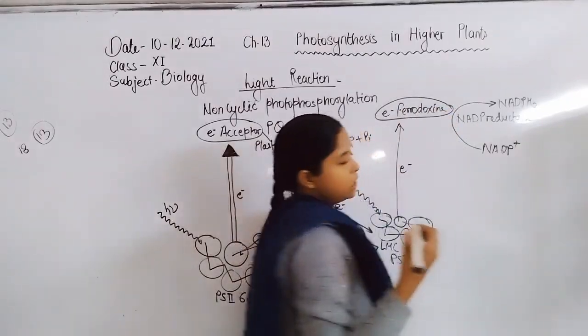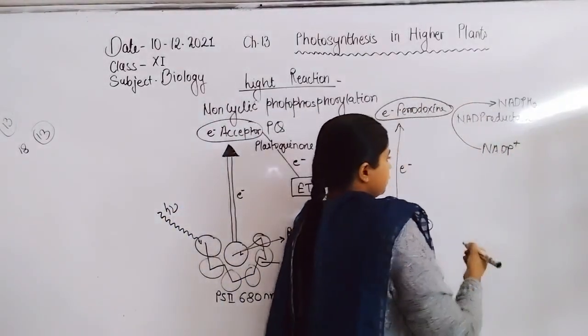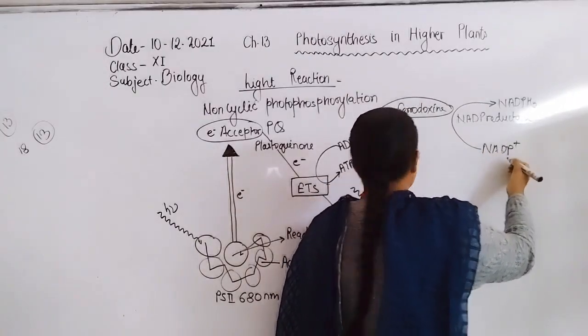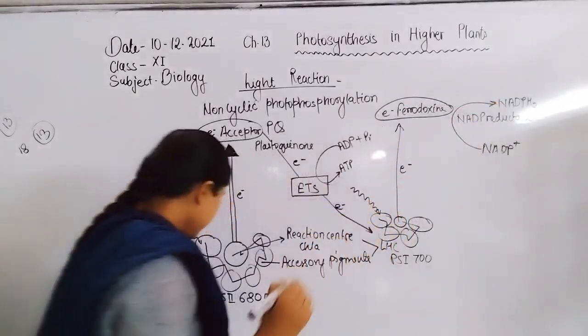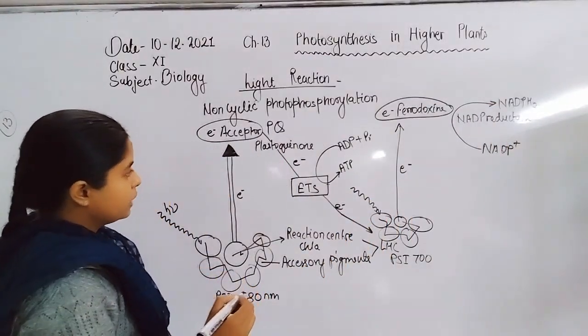Near the ferredoxin, the NADP reductase enzyme is present, which converts NADP plus into NADPH2. Here the two products get synthesized.